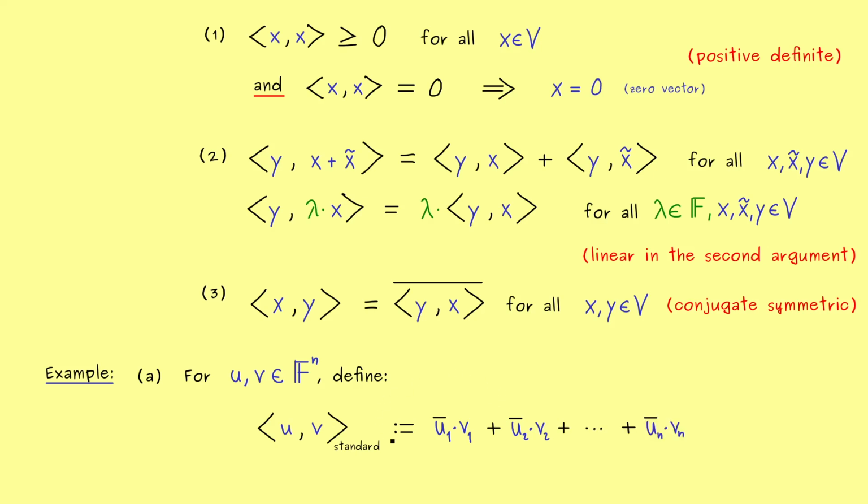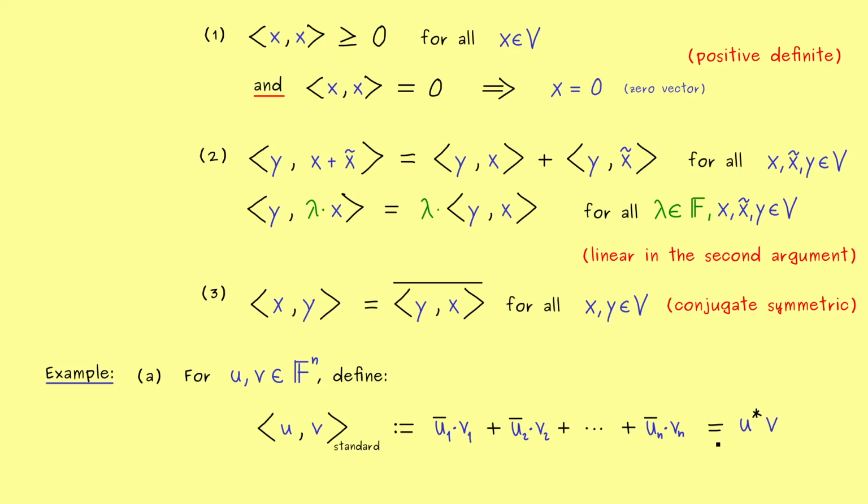So when you see this nice formula for the standard inner product in Fn, you might recall that we can also express it with a matrix product. In particular, if you see u and v as column vectors, then u star is a row vector. And if you multiply it with the column vector v as a matrix product, we get out a scalar.